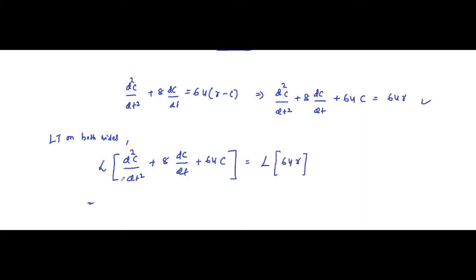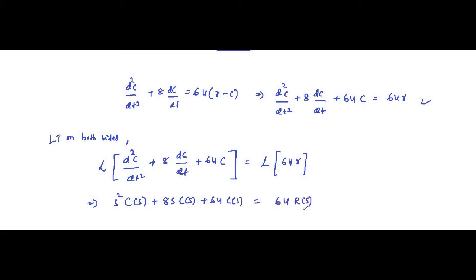So this becomes S square C(S), this becomes 8S C(S), this is 64 C(S) and this is 64 R(S). I know I have not discussed Laplace transform in engineering mathematics or signals and systems, but since you are watching this video related to control systems, I assume that you have some idea about transform methods and the basic properties of Laplace transform.